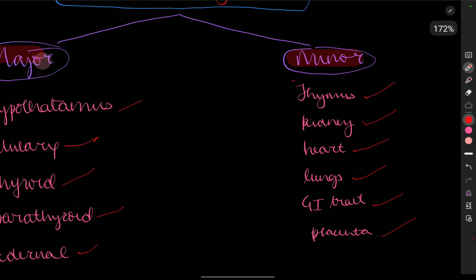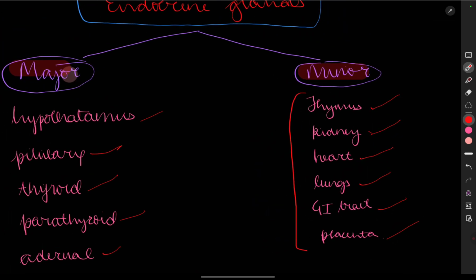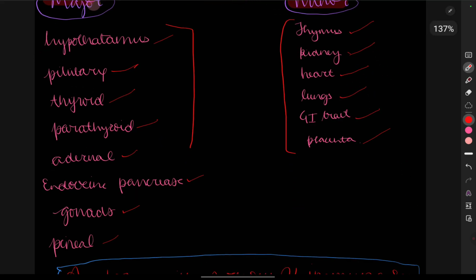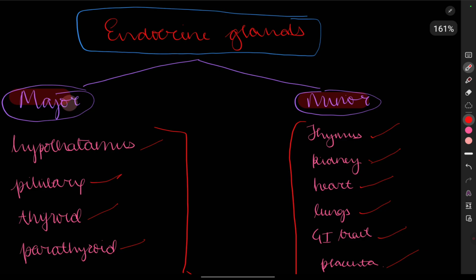So these are the minor endocrine glands, and those are the major endocrine glands: the hypothalamus, pituitary, thyroid, parathyroid, adrenal, then the endocrine pancreas, gonads, and the pineal gland. Thymus, kidney, heart, lungs, gastrointestinal tract, and the placenta are the minor endocrine glands.